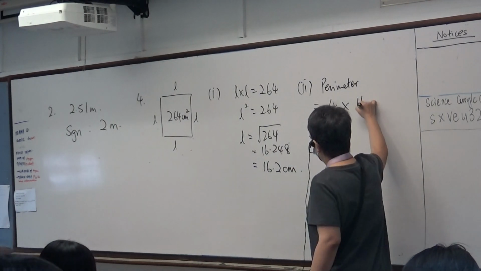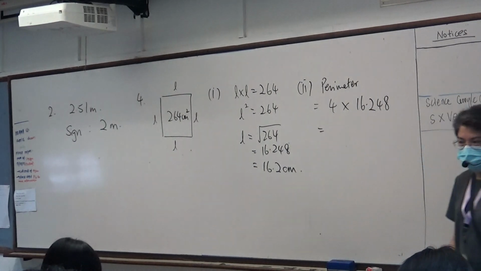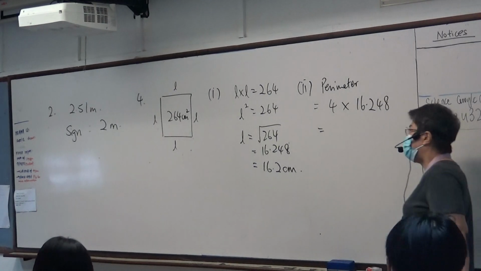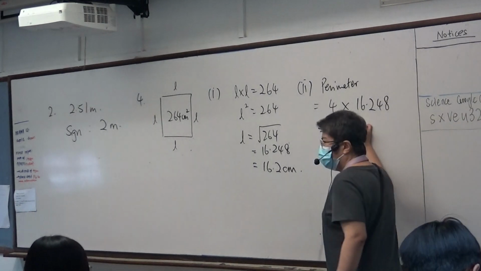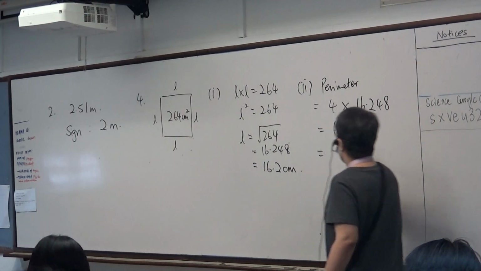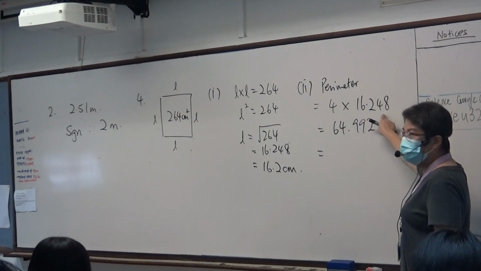Top one. So, you must take 16.248. Okay, key your calculator. 64.992. Okay. This is not the 3 significant figures.